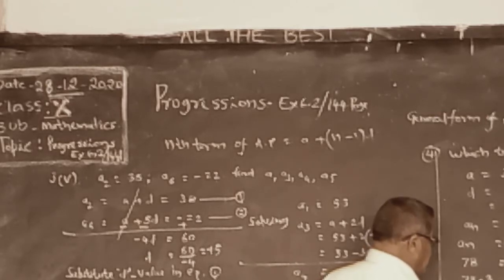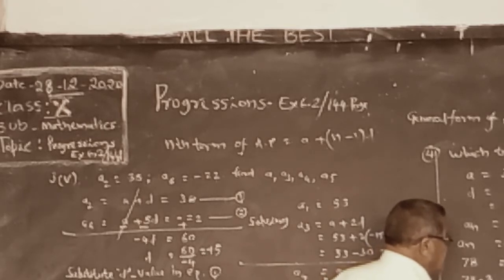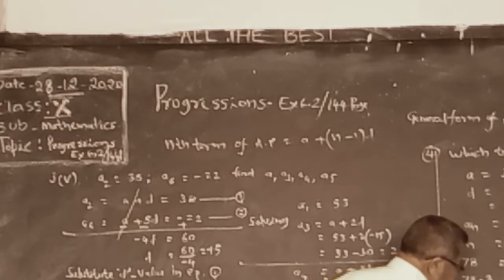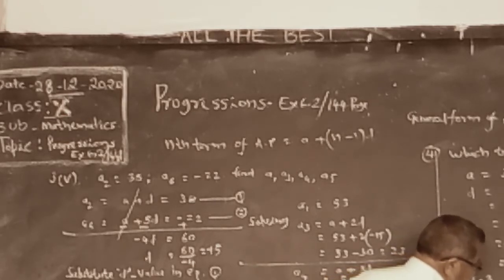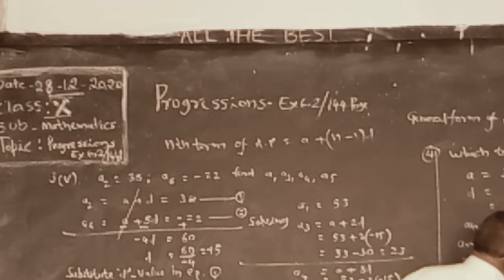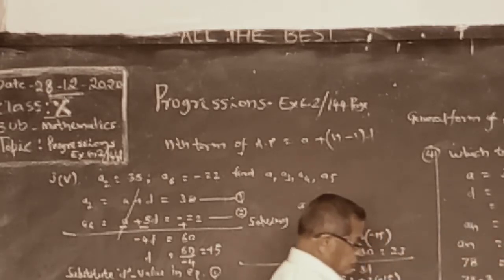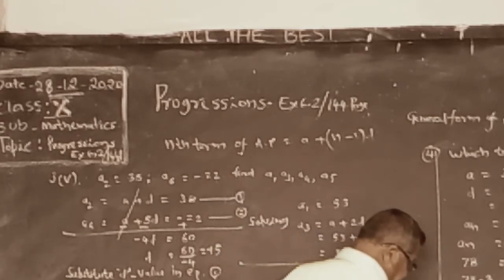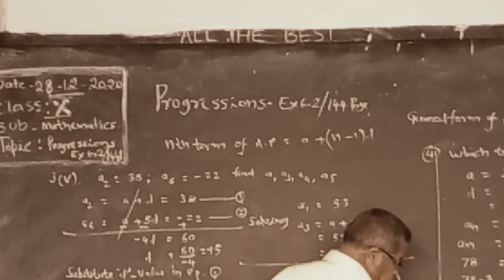This minus 1 will come this side as plus, so n is equal to 16. Therefore, the 16th term of the AP is 78. Like this we have to do. Which term means 16th term.